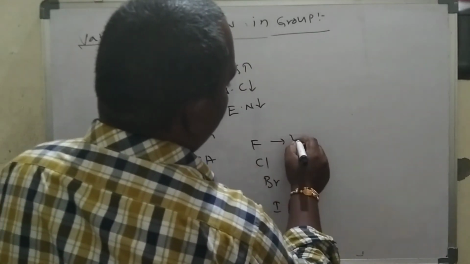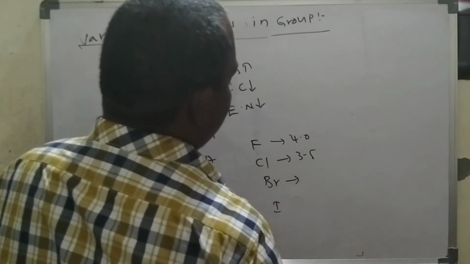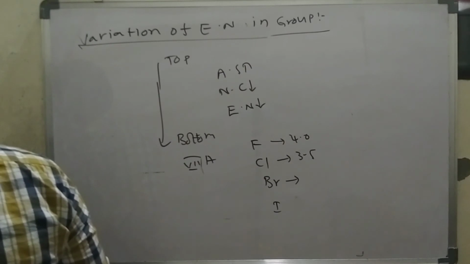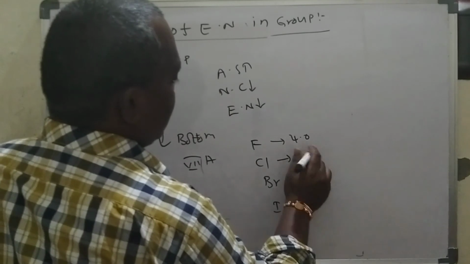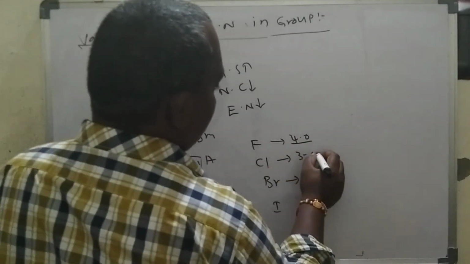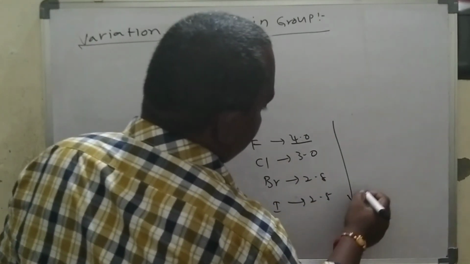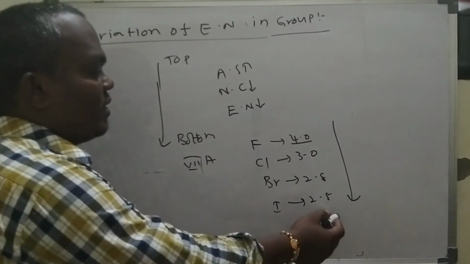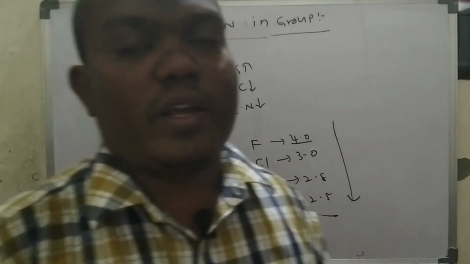Fluorine has 4.0, chlorine 3.0, bromine 2.8, iodine 2.5. So as we move down, the electronegativity values decrease. Okay, so this is about electronegativity.